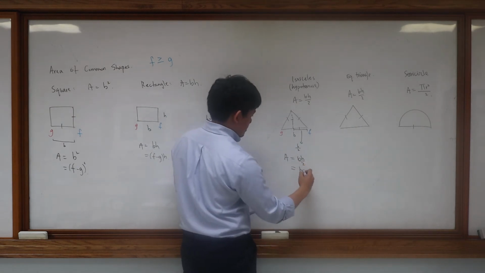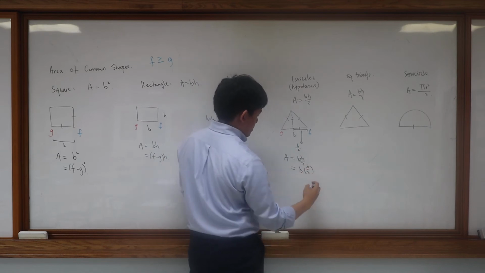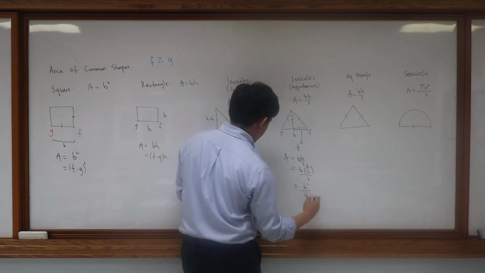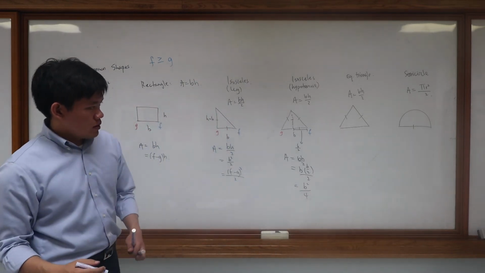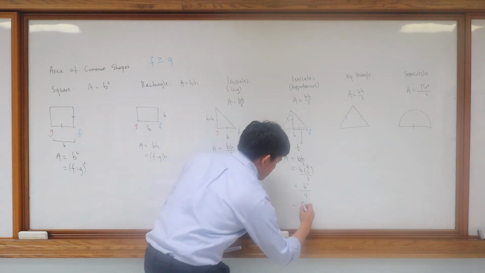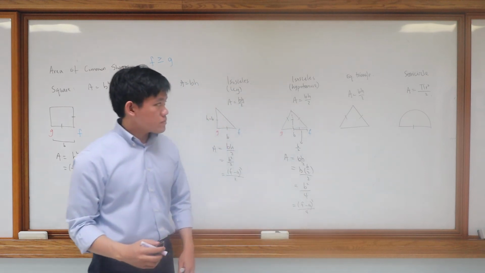My base is just base, my height is base divided by 2, and then divide everything by 2. So it's going to be base squared divided by 4. That is F minus G squared divided by 4.